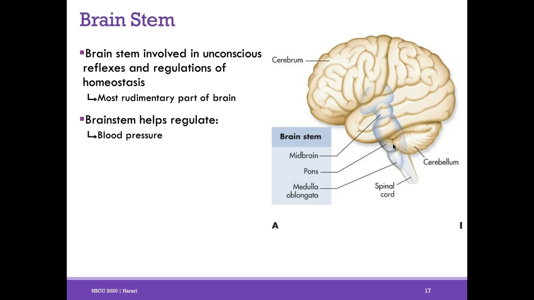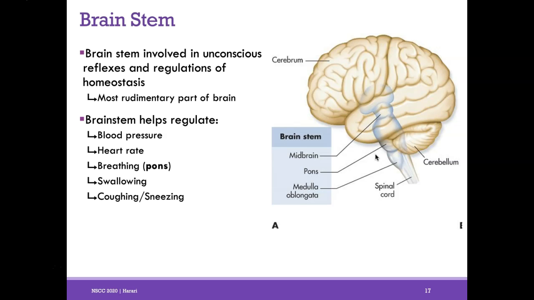It has a vasomotor center in the medulla. Also, the cardiac center could help control our heart rate. We have a respiratory center, and the pons helps control our breathing. So the pons is responsible for breathing.